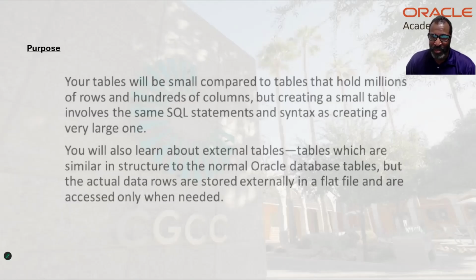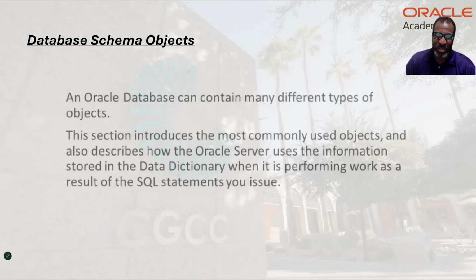I think we've evolved beyond that, but I will explain that because it is kind of rudimentary knowledge that's somewhat necessary. We're going to talk about database objects. Oracle can contain many different types of objects, and I'm going to introduce you to the most common ones.